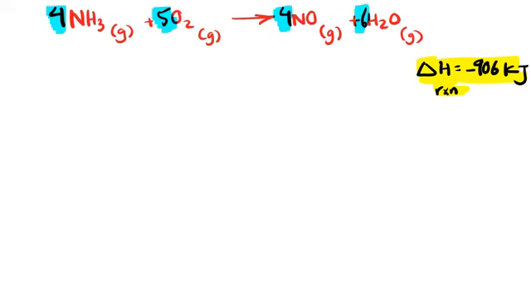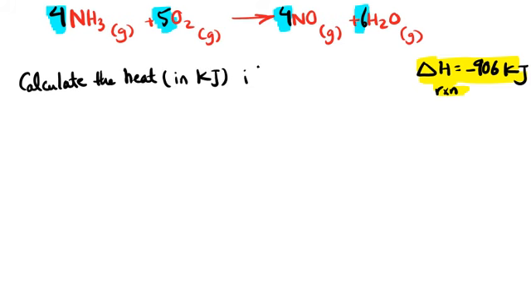So let me work on this one. Question says calculate the heat in kilojoules if we use, for example, 155 grams NH3.